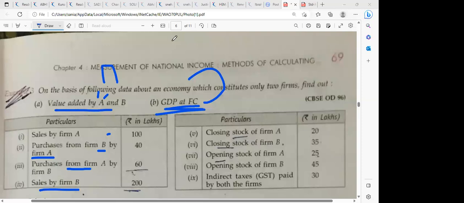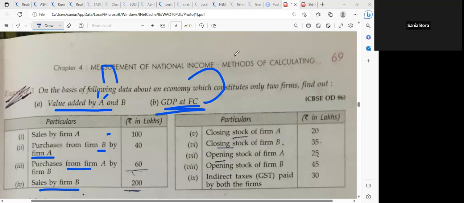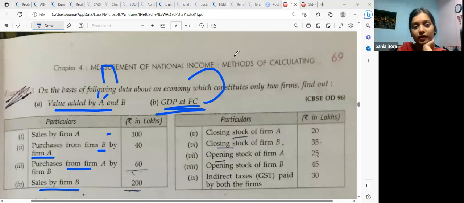Students, are you facing any difficulty or are you done? Ma'am, I'm done. Ritika, are you doing it? Ritika, can you hear me?